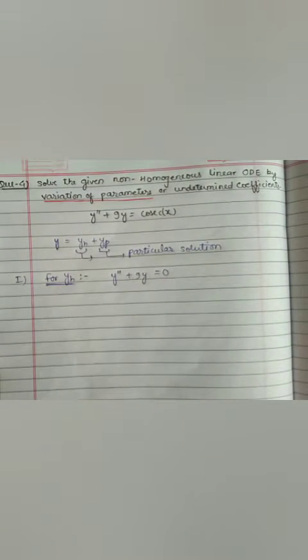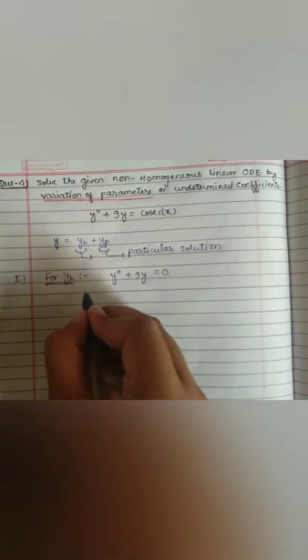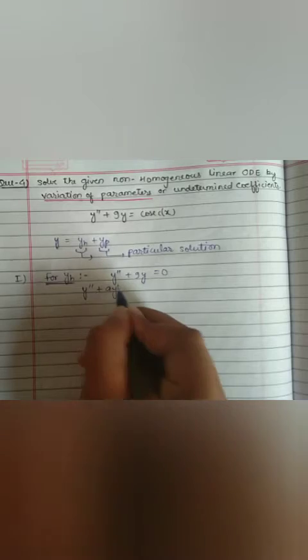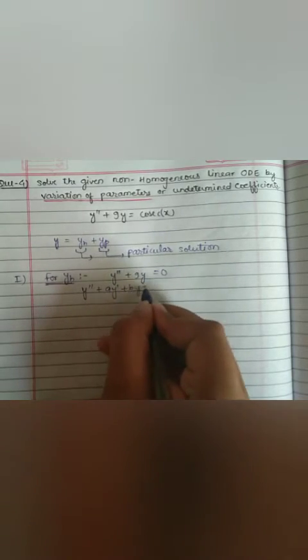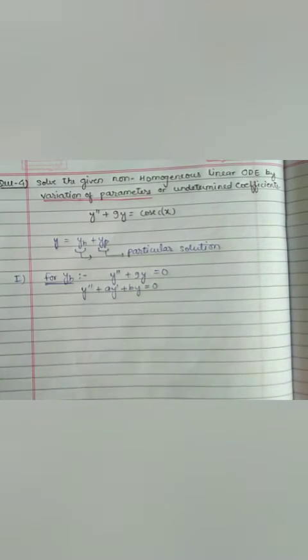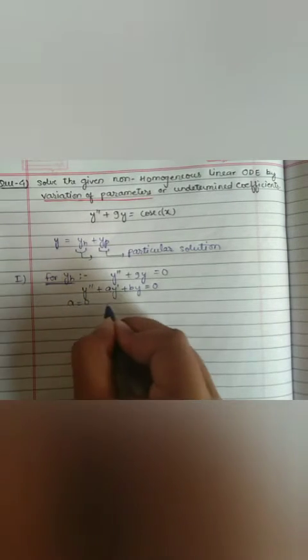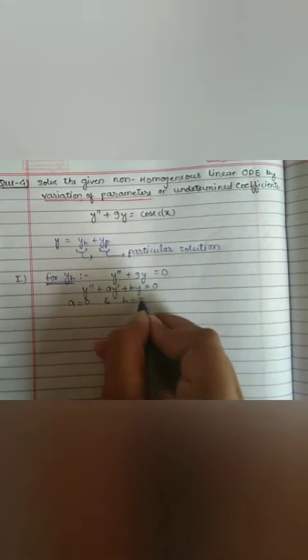Now if we compare it with the general equation of the second order homogeneous linear ODE, which says y double prime plus a y prime plus b y equals 0, we get a equals 0 and b equals 9.